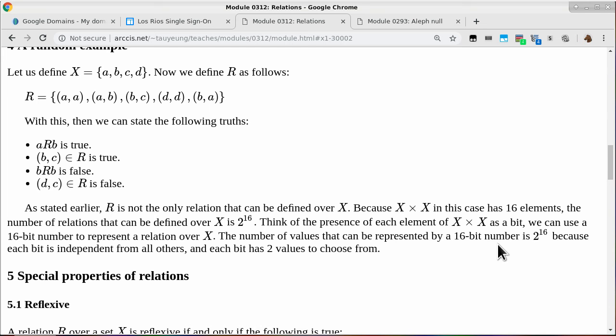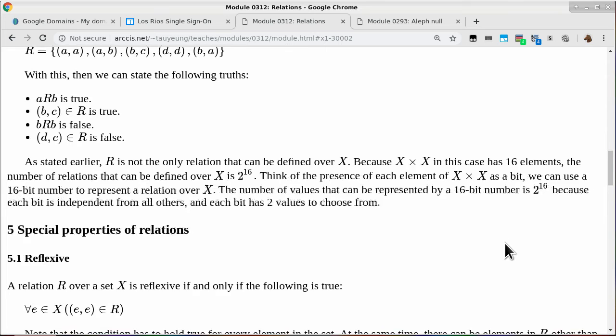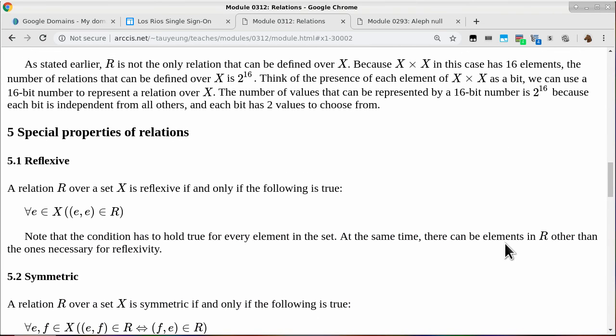Okay. But now we're going to look at some properties of relations. So we will get back to the quantifiers and stuff like that now. The first one is whether a relation is reflexive. A relation R over a set X is known to be reflexive if and only if the following is true.